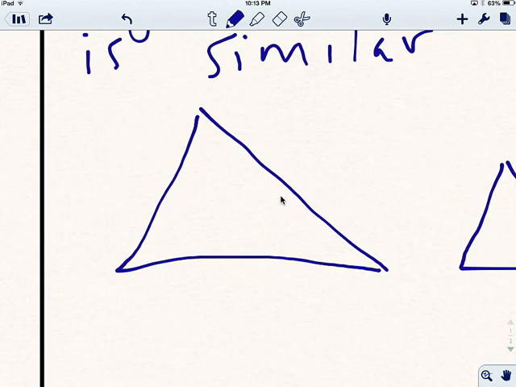Maybe this one has an angle that's less than 90. Let's say this is 70, and let's say this one is 60. And so 60 plus 70 is, what is that, guys? 130. So this one would have to be 50, right?